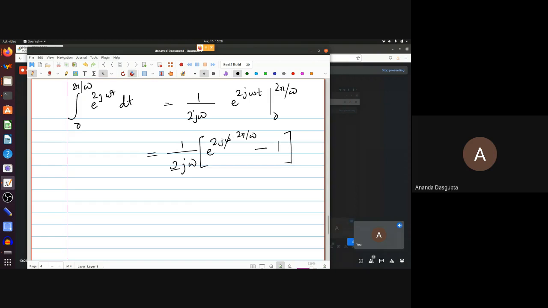But this is nothing but e to the 4 pi j, which is also 1. So you get 0.